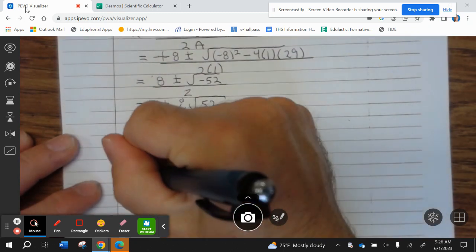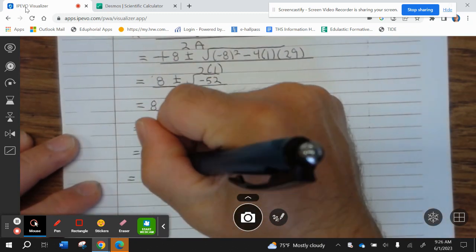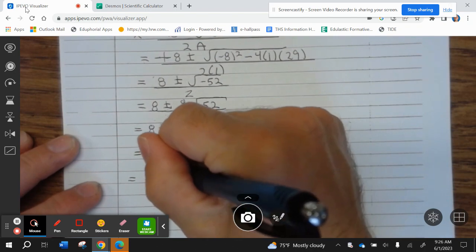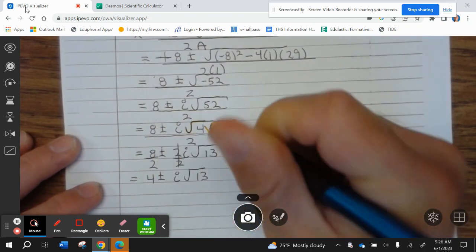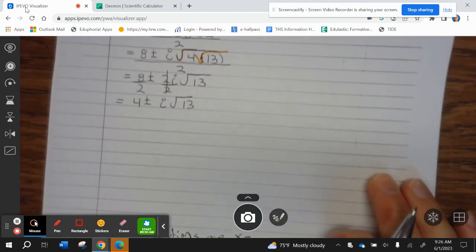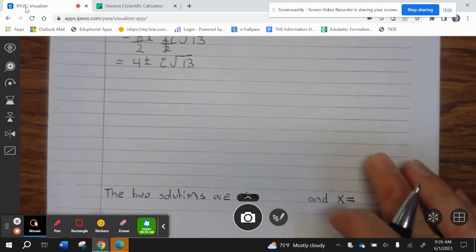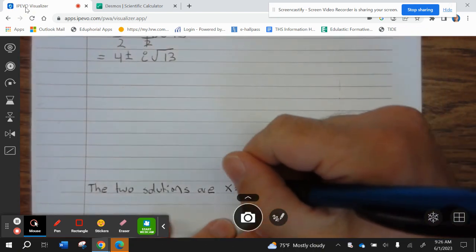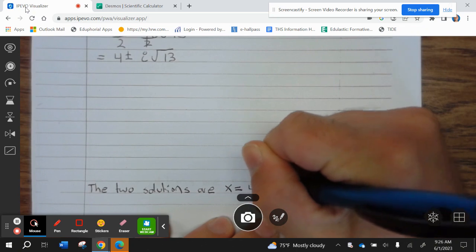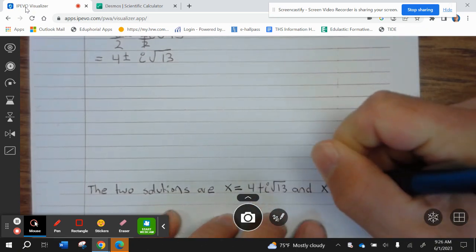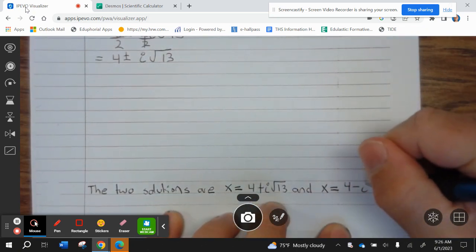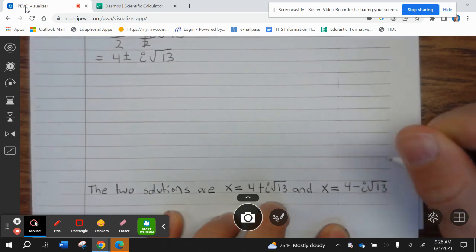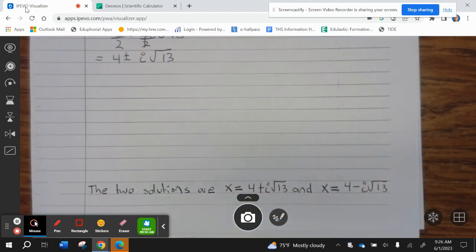So 8 divided by 2 is 4, plus or minus, that's 1. So that's i square root of 13. So the solutions are x equals 4 plus i square root of 13 and 4 minus i square root of 13. All right, go ahead and finish up example 7.